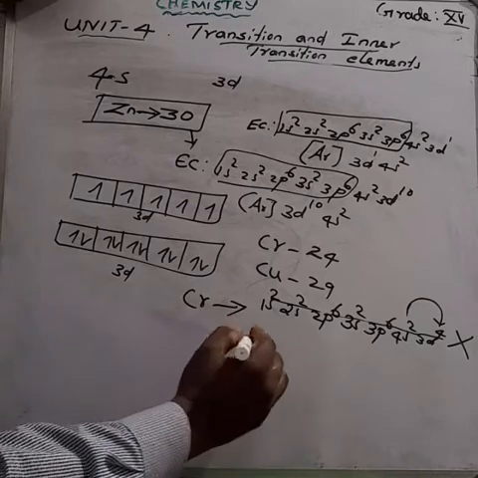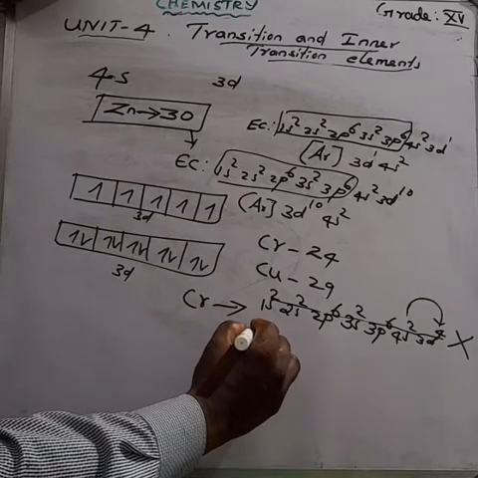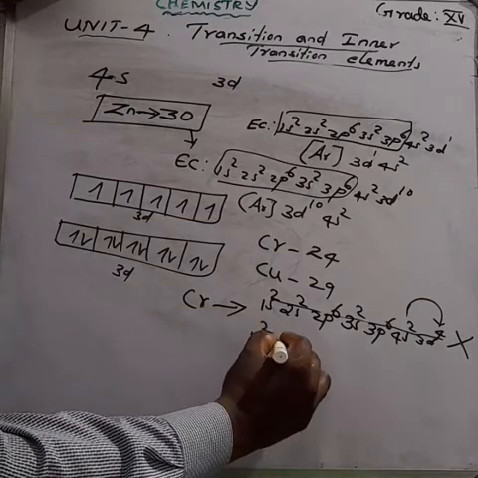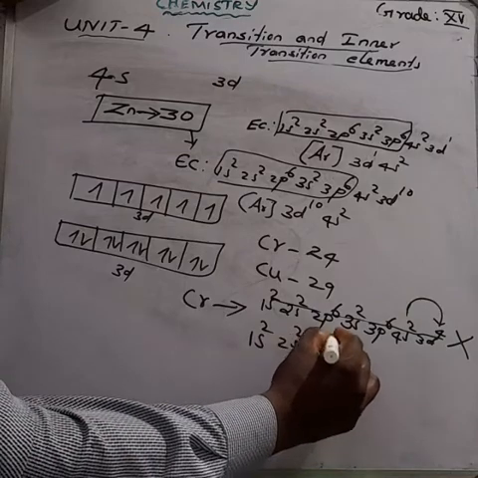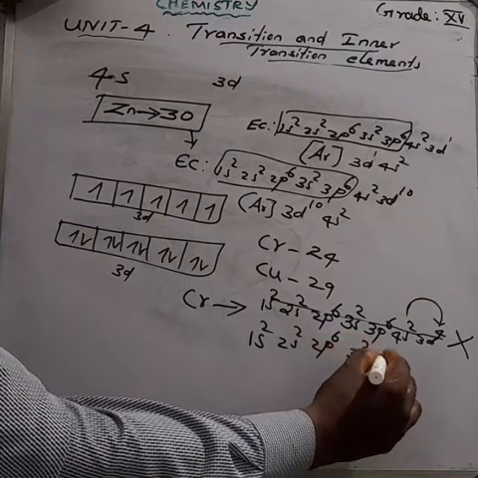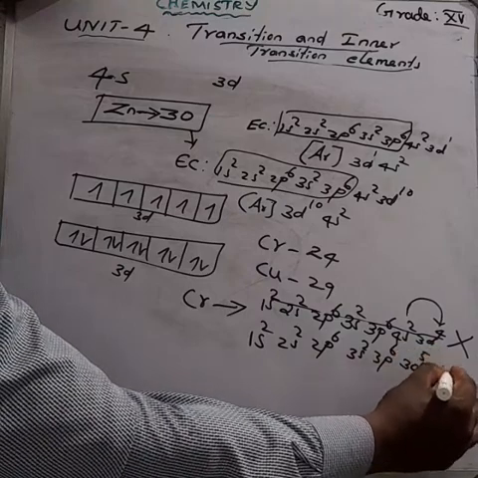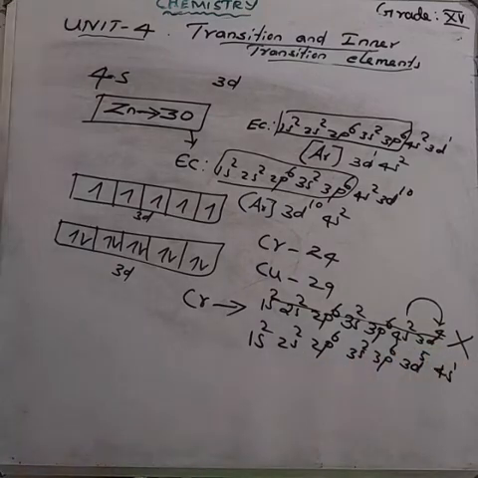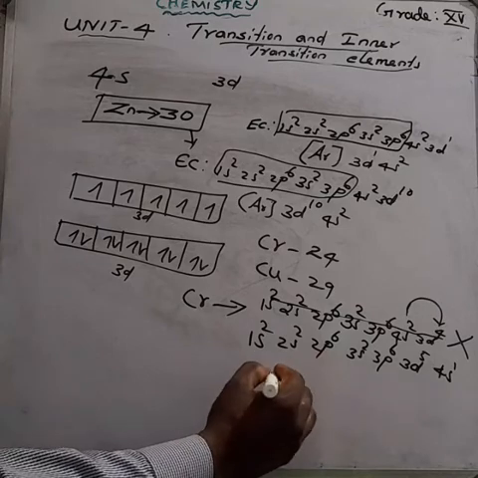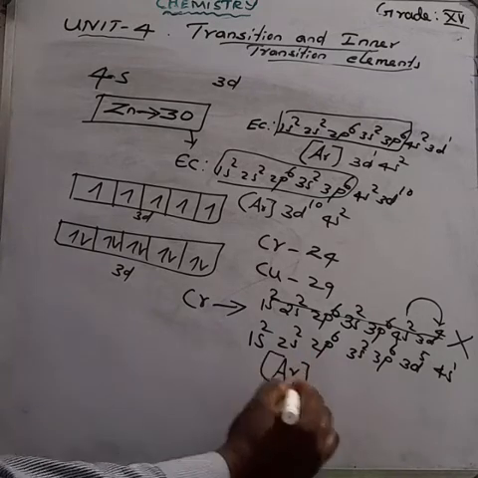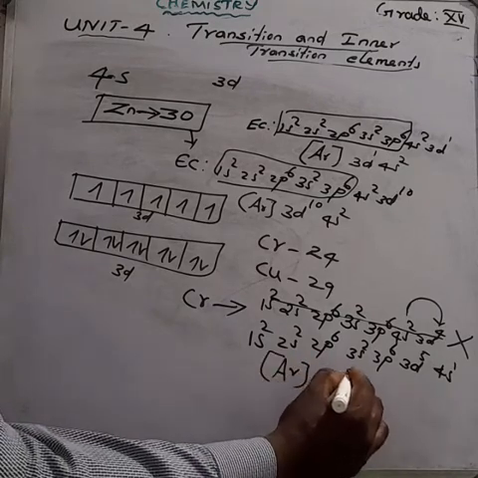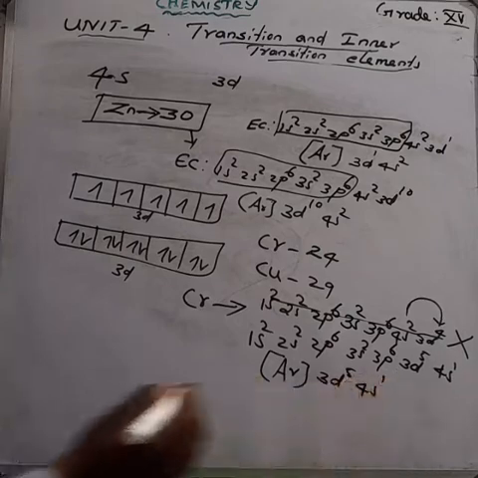So the electronic configuration is 1s2, 2s2, 2p6, 3s2, 3p6, 3d5, 4s1. In short form we write argon 3d5, 4s1. There is a chance of acquiring a half-filled subshell.